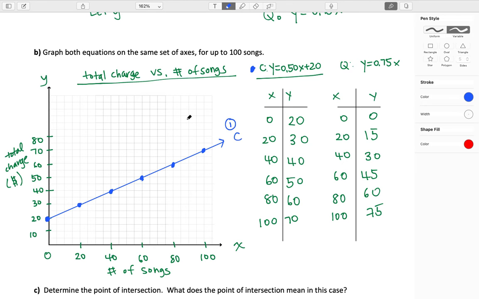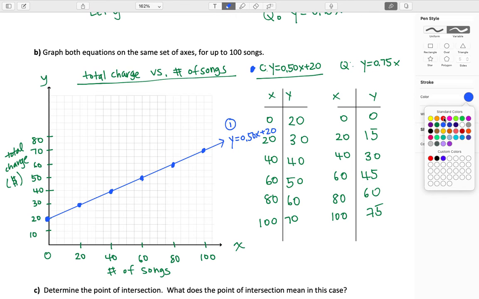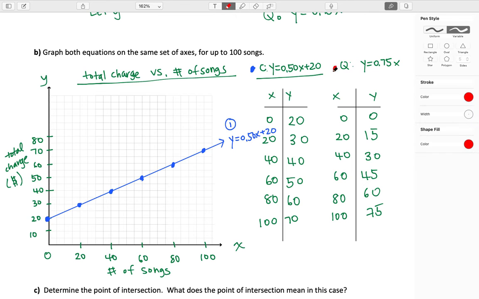The next one, or actually, I'm going to write the equation. I'm going to do it in red. For this one, we're starting at (0, 0). When it's at 20, it's 15, so it's in between. When it's at 40, it's 30. When it's at 60, it's 45.